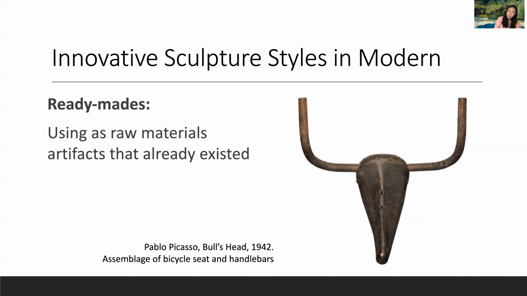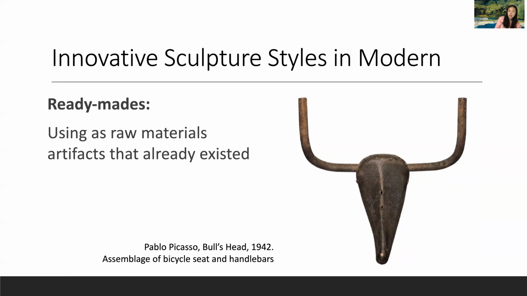And ready-made looks familiar to us, right? So in the early 20th century, a few artists began to create works using as raw materials artifacts that already existed. Sometimes they simply decided that found objects were works of art. And this is Pablo Picasso's work.